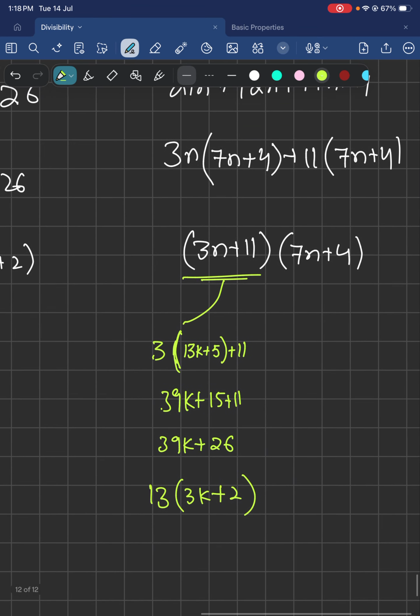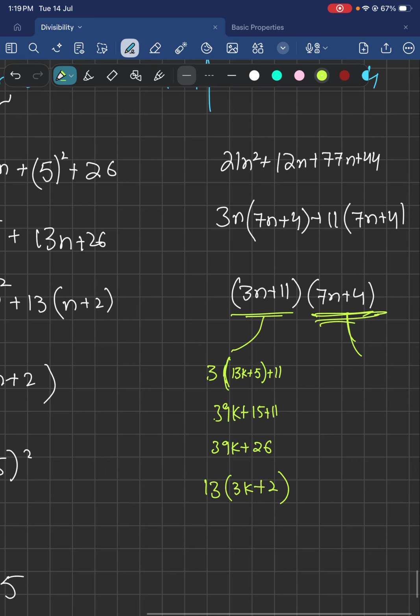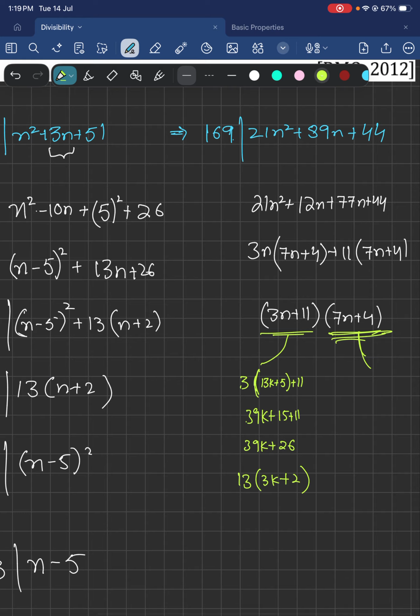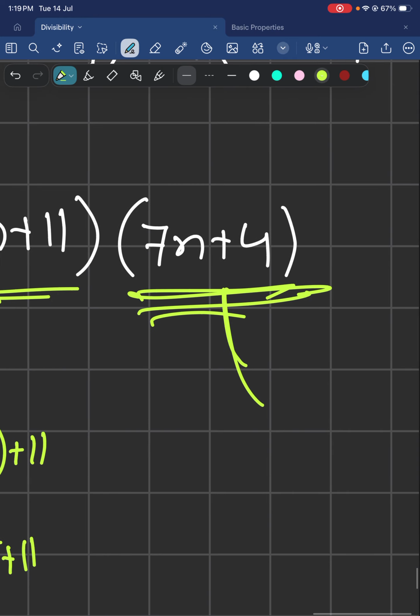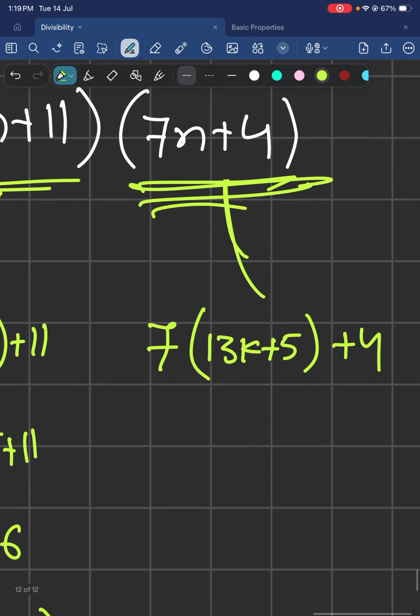So we have got one multiple of 13 here, and if we get a multiple of 13 from this product, then we will get another 13, and 13 squared would prove that 169 divides it. So let's plug in the value of n here. So 13k plus 5 plus 4.